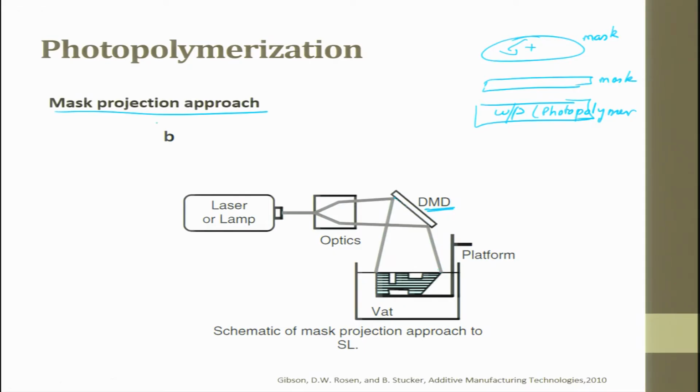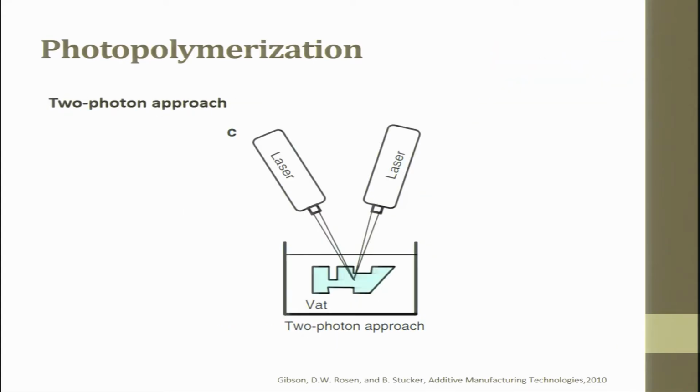So this is called the mask projection approach. In the mask projection approach, the complete layer of information is exposed in one shot. So this process is much faster than the previous process.